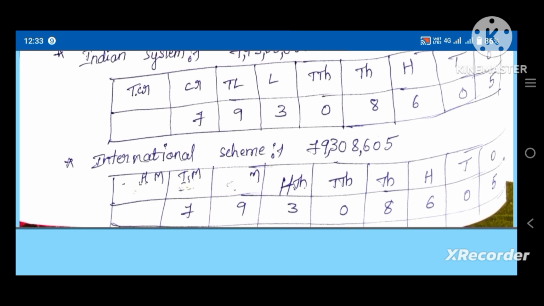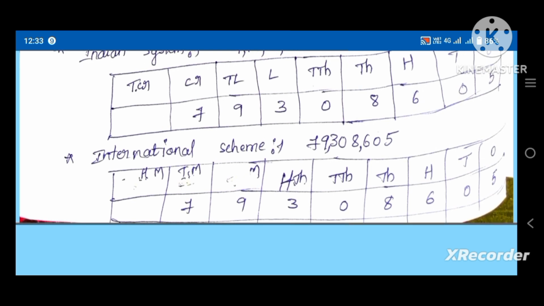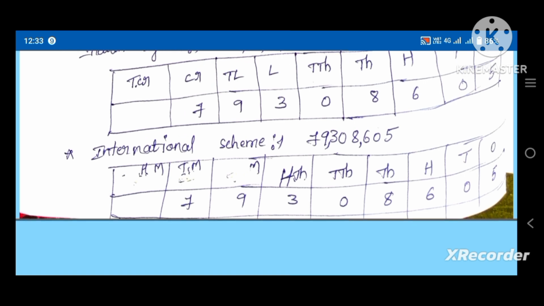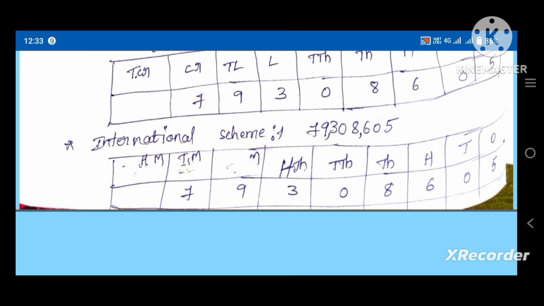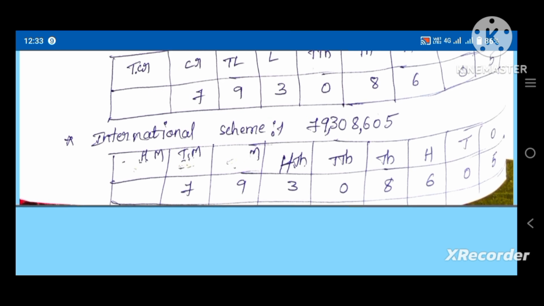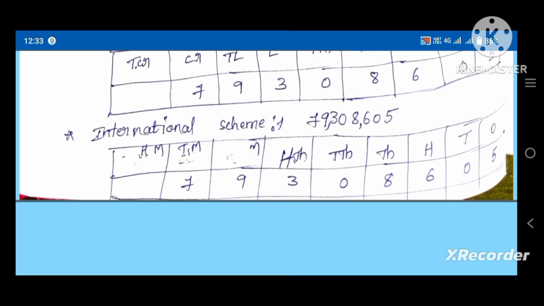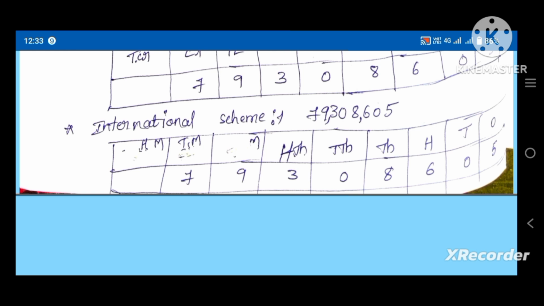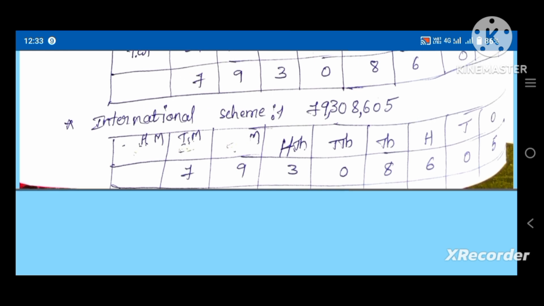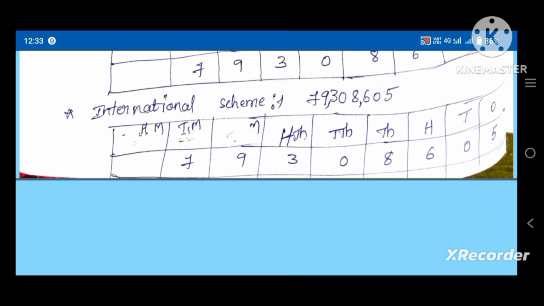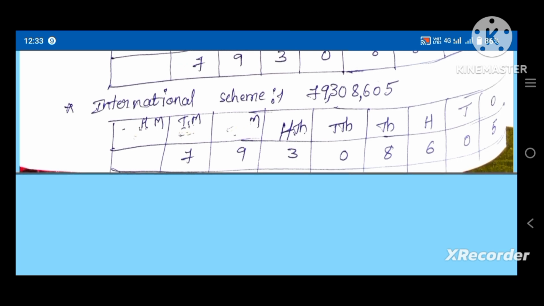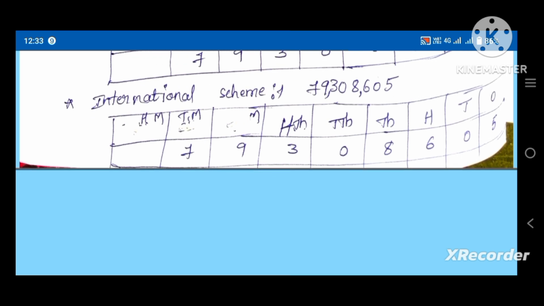International system, 79,308,605. Ones place 5, tens place 0, hundred place 6, thousand place 8, 10,000 place 0, 100,000 place 3, million place 9, 10 million place 7.